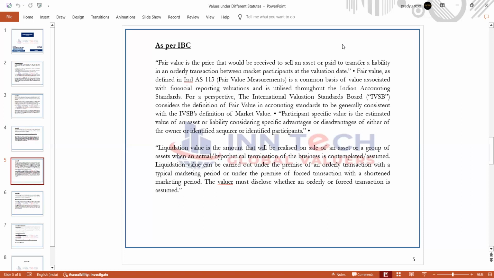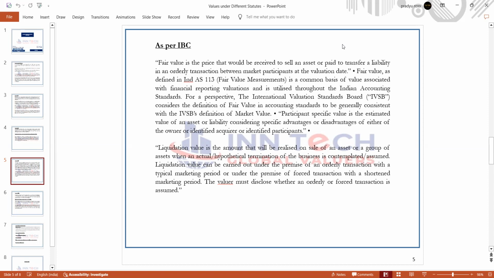So under CIRP, if insolvency resolution has to be taken, they expect two values, the fair value and the liquidation value. Here the liquidation value is the amount that we realize on the sale of an asset or a group of assets when they have already been sold, when they want to terminate the business. Again, here it will be under different circumstances, whether it is an orderly liquidation or a forced transaction.